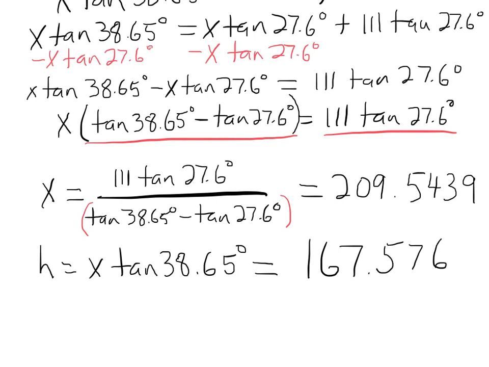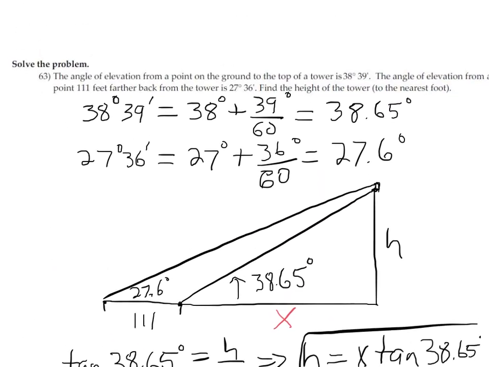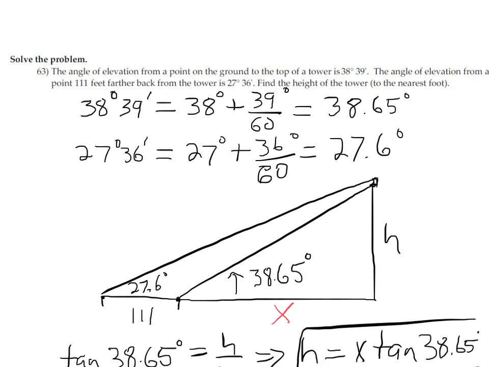And now I need to go back to the original problem and find out what kind of answer they wanted. Okay, here we go. Find the height of the tower to the nearest foot. So the nearest foot, so we're going to round to 0 decimal places, and it's going to be feet.